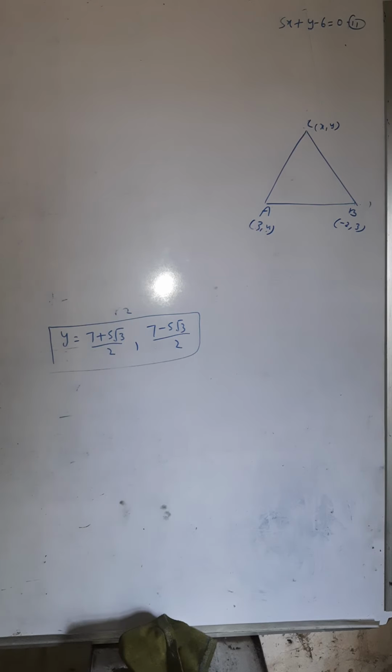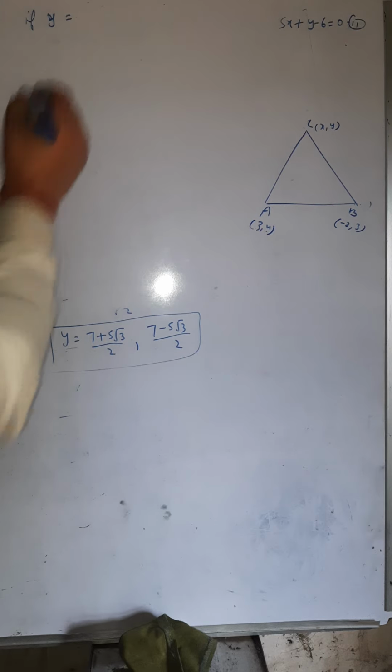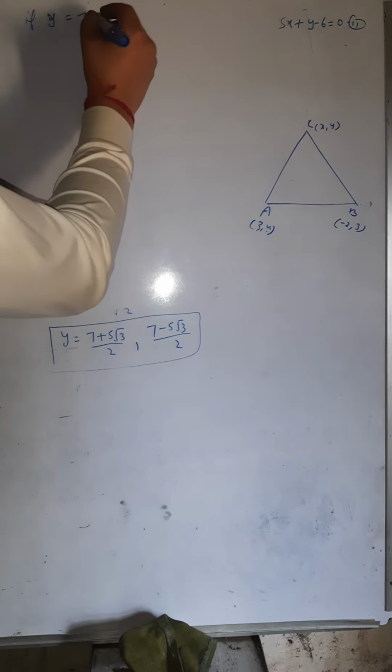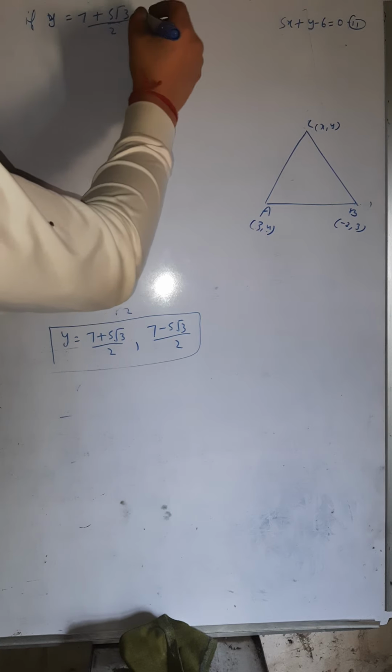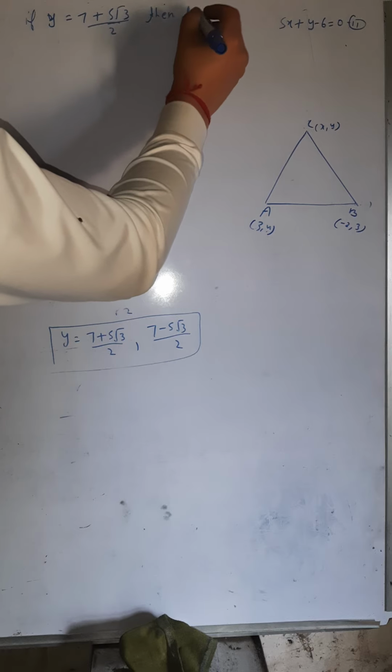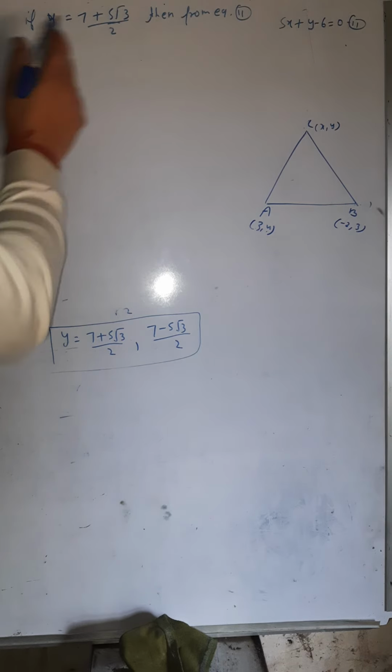Now what will the value of x be? If y equals 7 plus 5 under root 3 by 2, then from equation number 2, in place of y I will write this much.